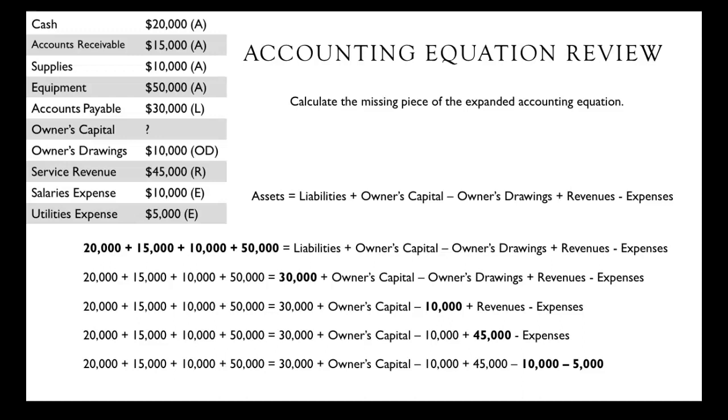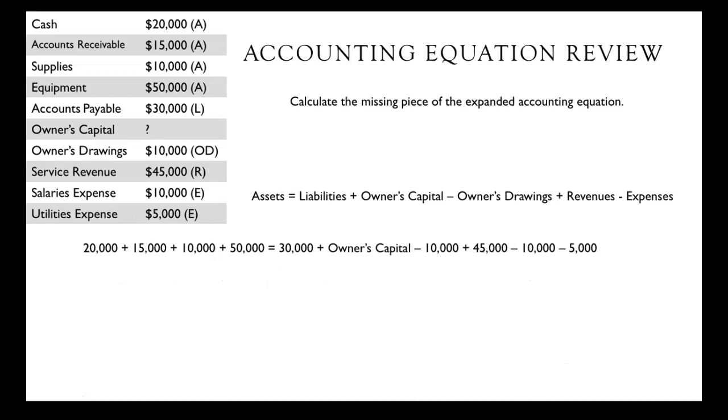So we have all of our individual accounts now listed in this equation, right? And it looks sort of busy, but when we take it piece by piece, hopefully that will make it a little less scary. So here's just that same work that we just had. Our 4 assets listed, 1 liability, our owner's drawings, our 1 revenue, and our 2 expenses.